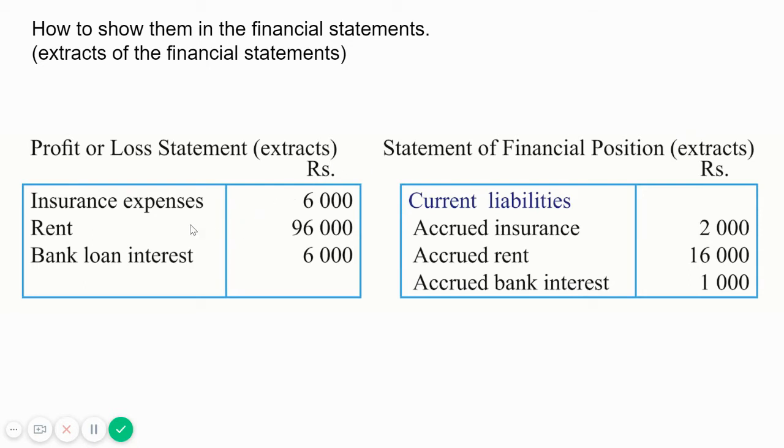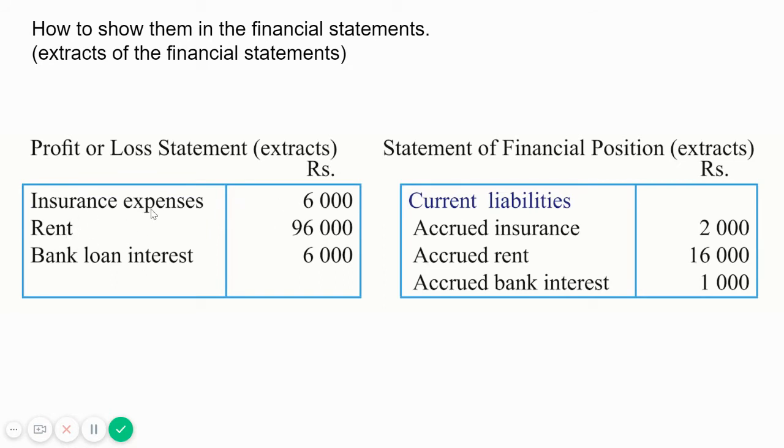So this business, according to the example, has an insurance expense relevant for the period of 6,000.